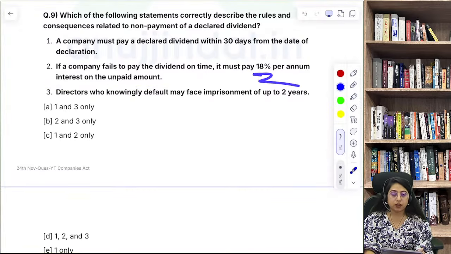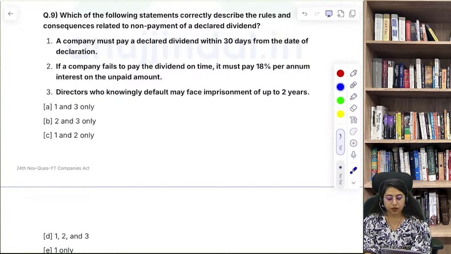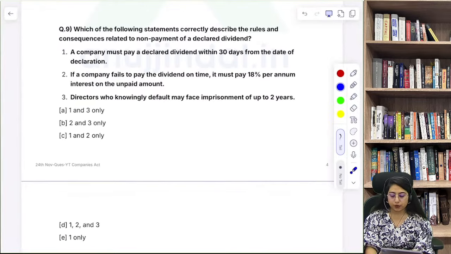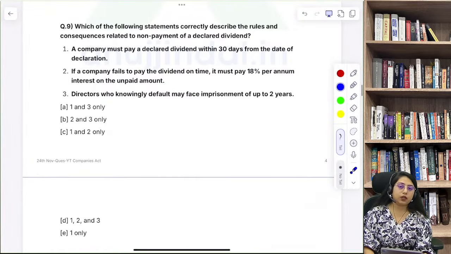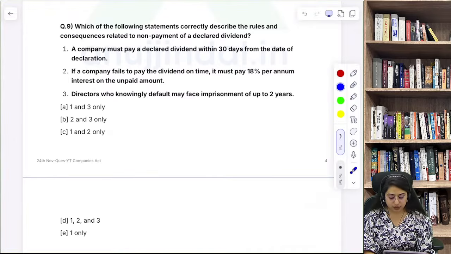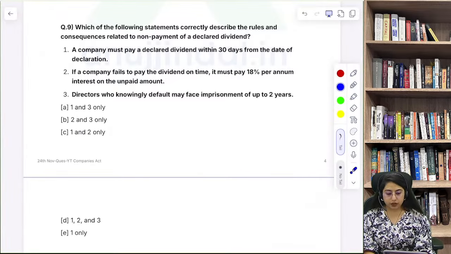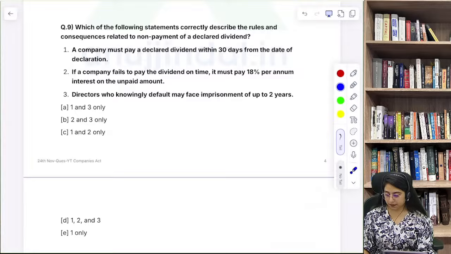This we did in the previous session also. Directors who knowingly default may face imprisonment up to 2 years. So people who are attending sessions regularly will definitely be able to give the answer for question number 9. You need to tell me the correct statement over here.